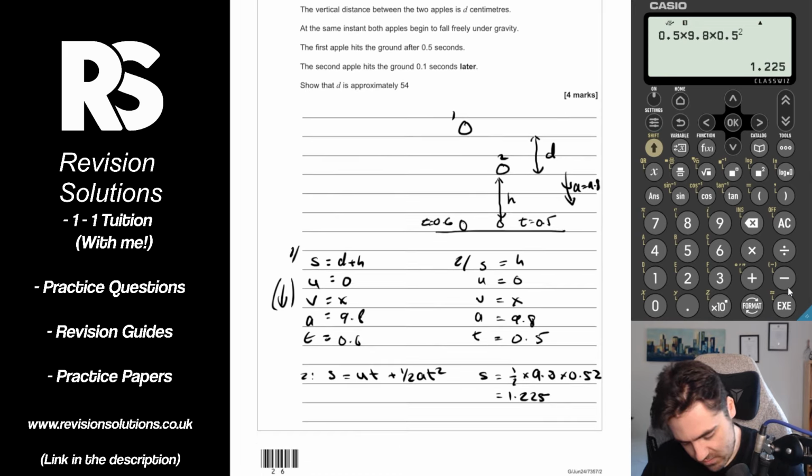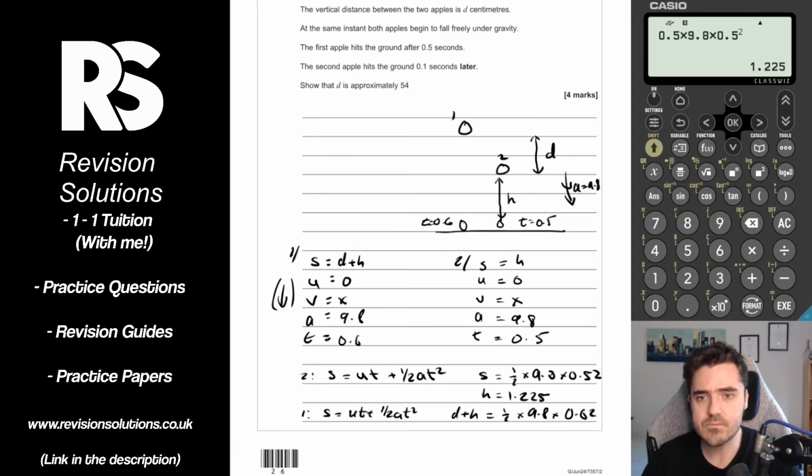Then we have everything we need to work out d plus h in the first apple, and if we have h, so this was h, then we could find d, couldn't we? So for apple 1, we'll do s equals ut plus half at squared again. That's going to tell us that d plus h is a half times 9.8 times 0.6 squared.